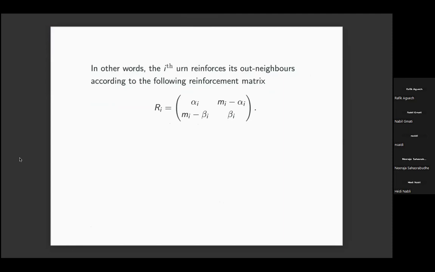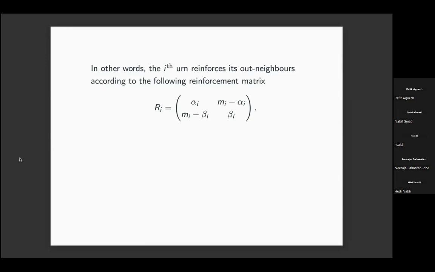So what do I mean? If from the ith urn you drew a white ball, all the out neighbors of the ith urn are going to get alpha_i many white balls and m_i minus alpha_i many black balls. If you drew a black ball from the ith urn, then all its out neighbors are going to get m_i minus beta_i white balls and beta_i black balls.